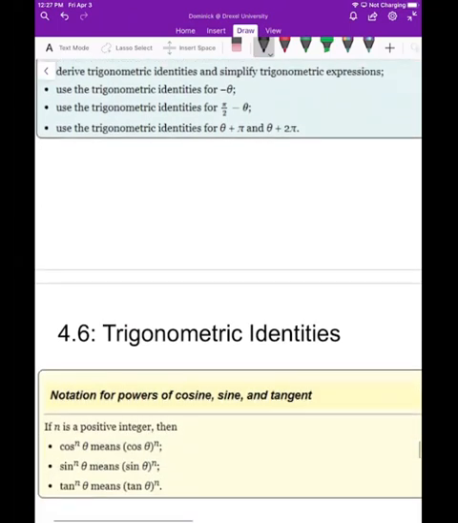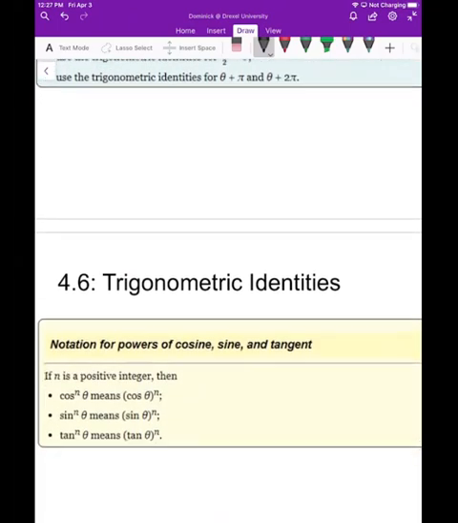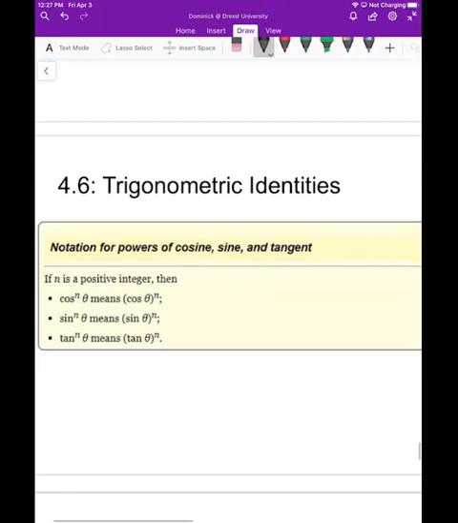Okay, this is something that we've already mentioned, but I just want to stress it again. This is a notational thing for your trig functions, and this left side is the preferred format for writing these powers of sine, cosine, and tangent.